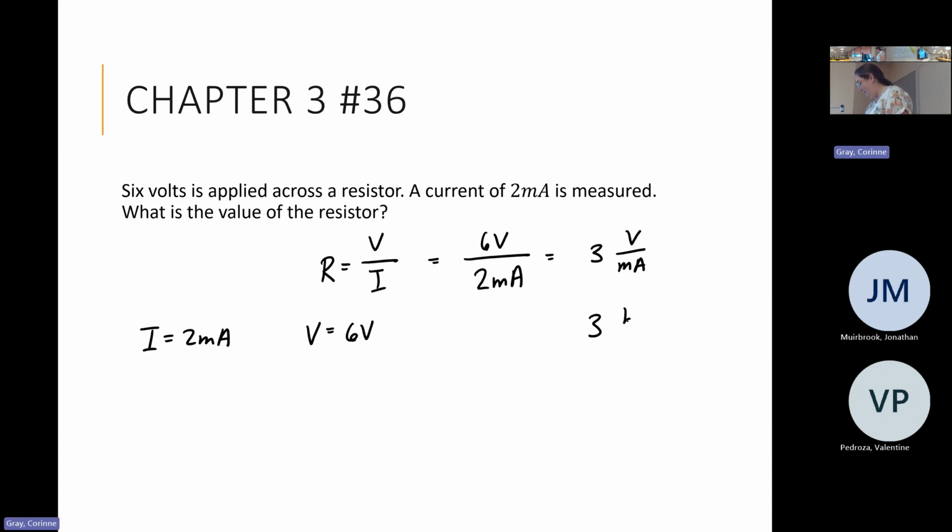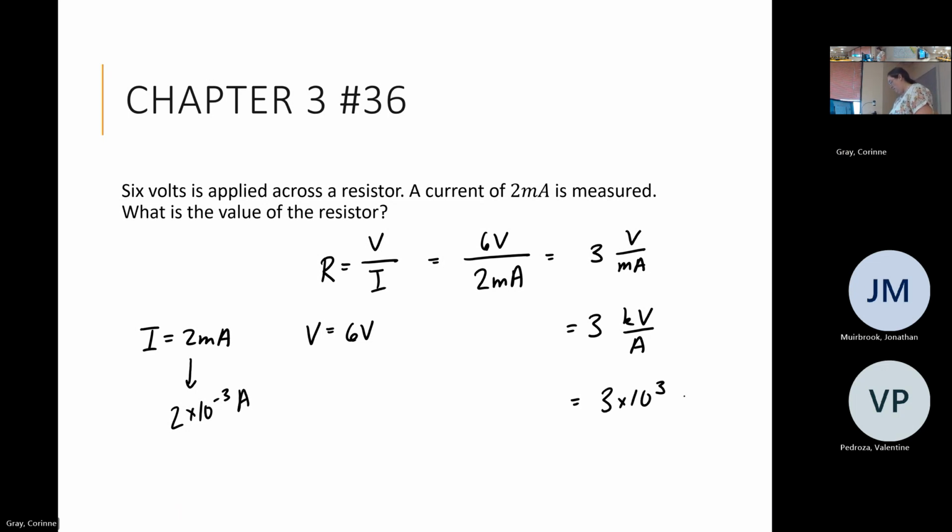So I have 3 kilovolts per amp. Or how else could I write that out? Three times 10 to the 3 volts per amp is our ohms. And if we wanted to put a prefix on our ohms here, what would it be? Yep. So 3 kilo ohms, 3 times 10 to the 3 ohms. Same idea, regardless of which one we have.